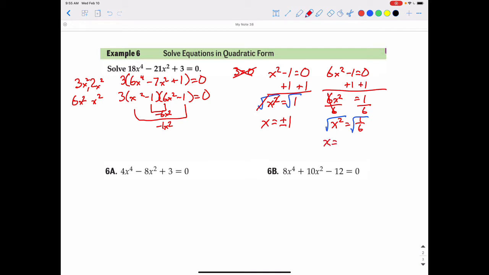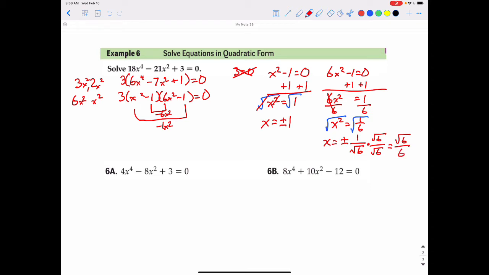So that would be x equals plus or minus the square root of 1, which is just 1, over the square root of 6. We can't simplify the square root of 6 because it is not a perfect square. But then there's an issue because we shouldn't leave a square root on the bottom of a fraction. So we have to rationalize the denominator by multiplying by the square root of 6 over the square root of 6, which would give me an answer of the square root of 6 over positive 6.